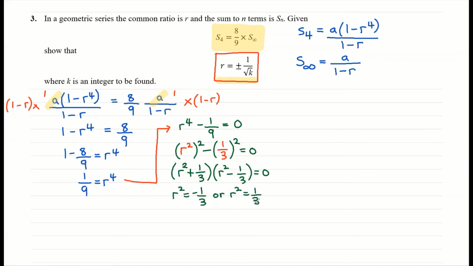Now you'll notice if we're going to find the square root of R squared, in other words R, we cannot deal with the one on the left hand side, because you cannot take the square root of a negative number and get a real value. But we can square root this. So R is going to be plus or minus 1/√3. And I believe that's the form that they want. So in other words, K equals 3.